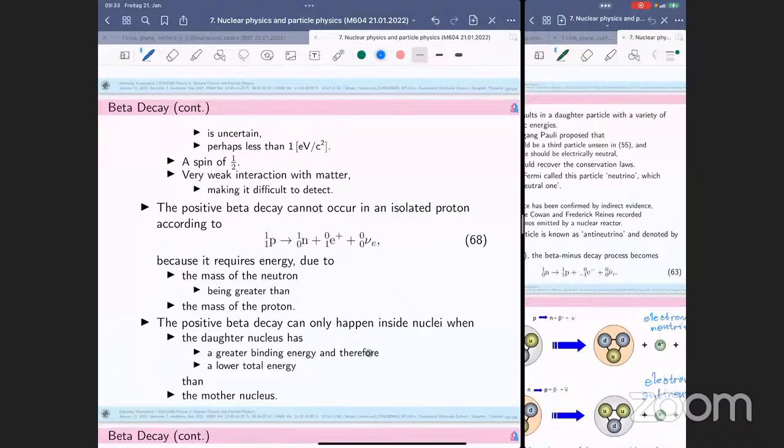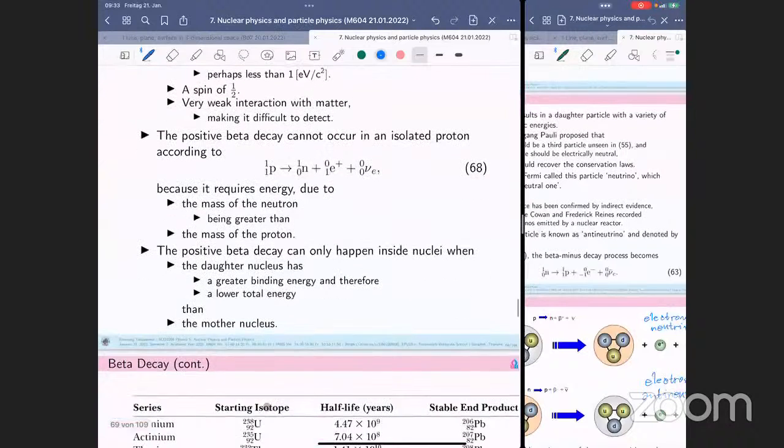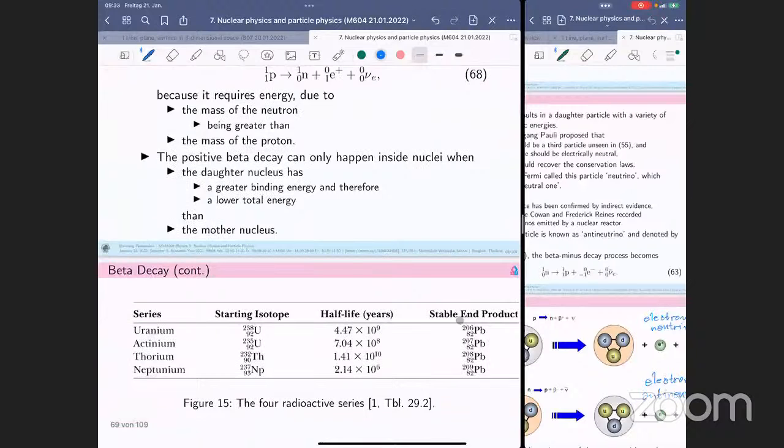You have seen binding energy at the beginning of this chapter: it is the energy that compresses several nucleons together.